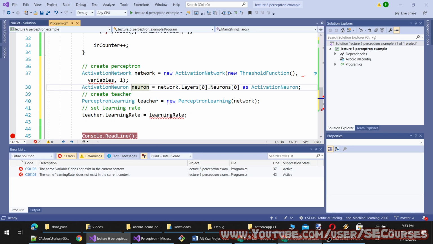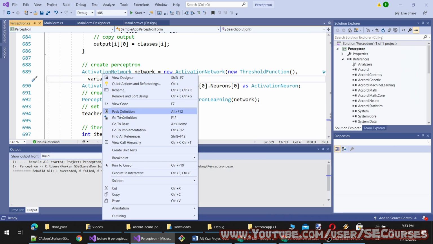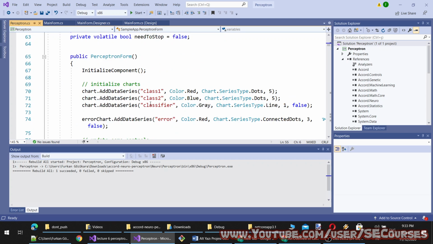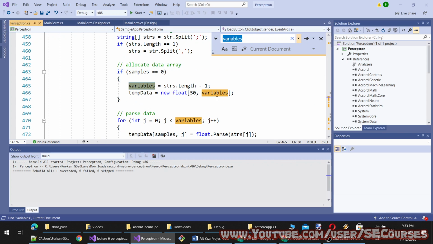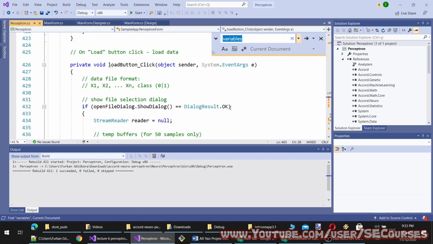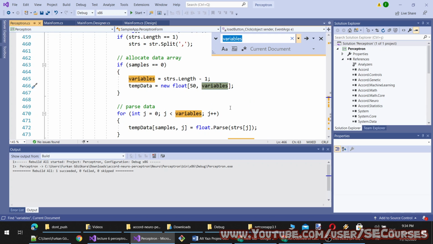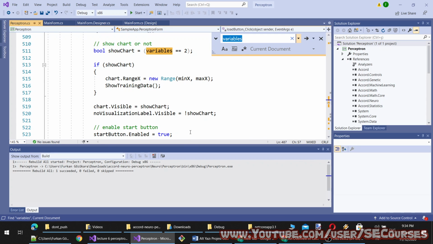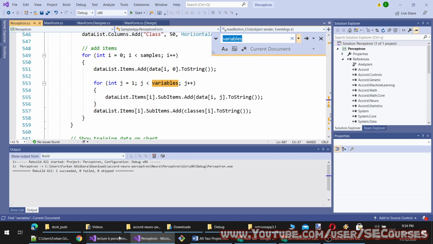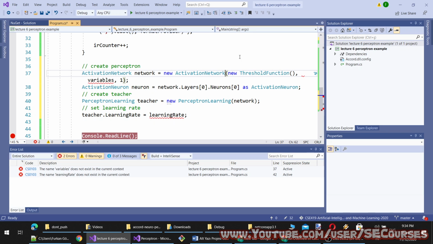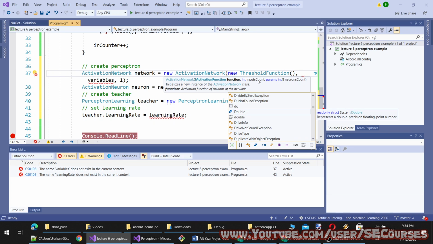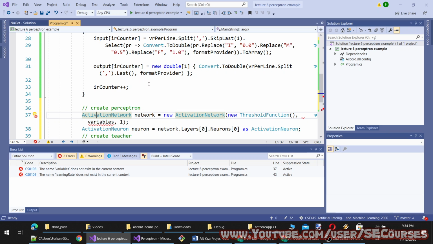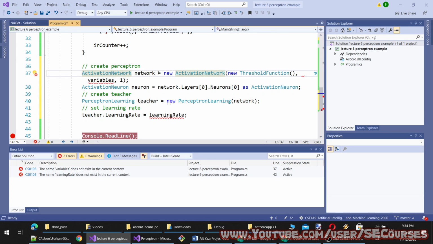It says no variables exist. So let's check what the variables are. Inputs count and neurons count. Activation function, inputs count and neurons count. Okay, so all right, this is important.